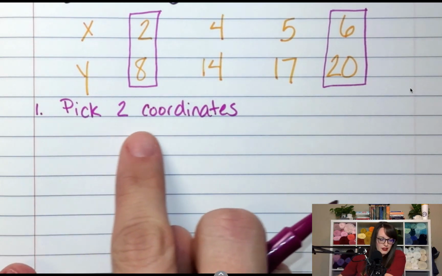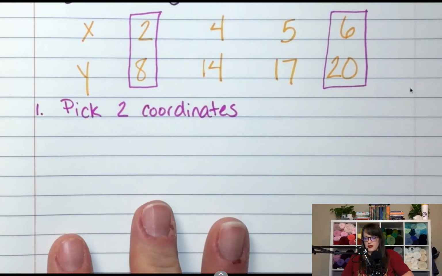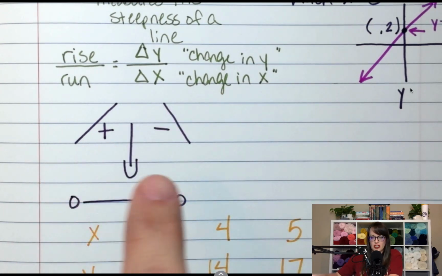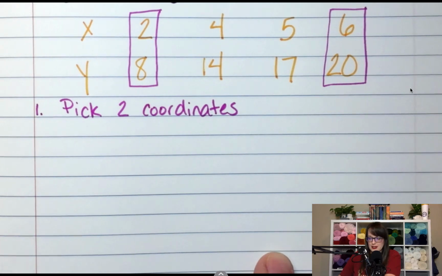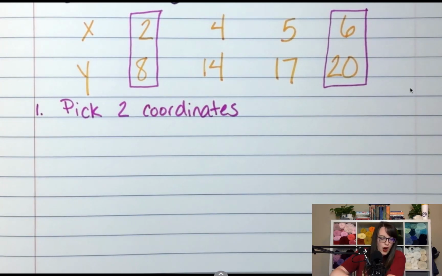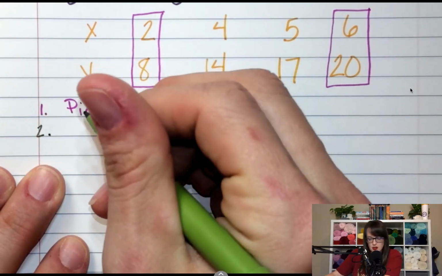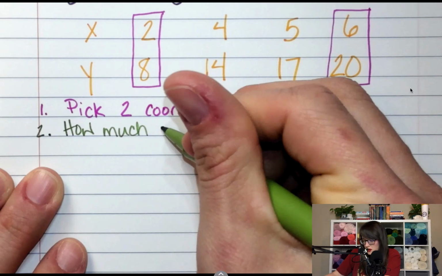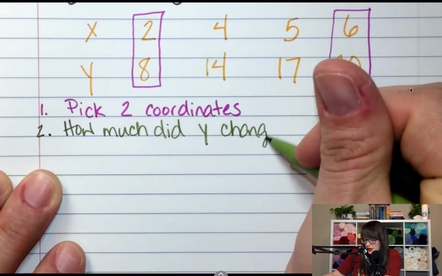So now that I've picked 2 coordinates, my slope formula is change in y over change in x. So if I look at my y's, how much do the y's change? So step 2, how much did y change?